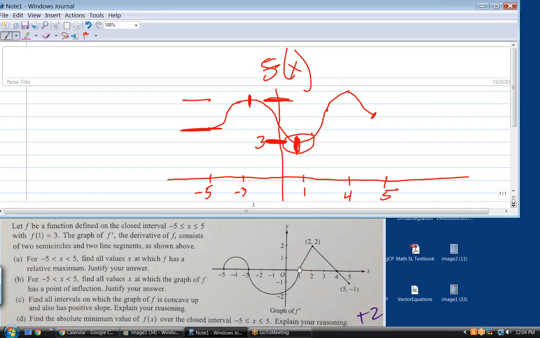And then from 1 to 4, it's increasing, so clearly this is moving up by an amount of the area of that triangle. And then it finally turns back down again, but that's a very small amount. It's this distance right here, and that's clearly not going to be the same as this distance here. So that puts this point, f of 1 being 3, as the absolute minimum.